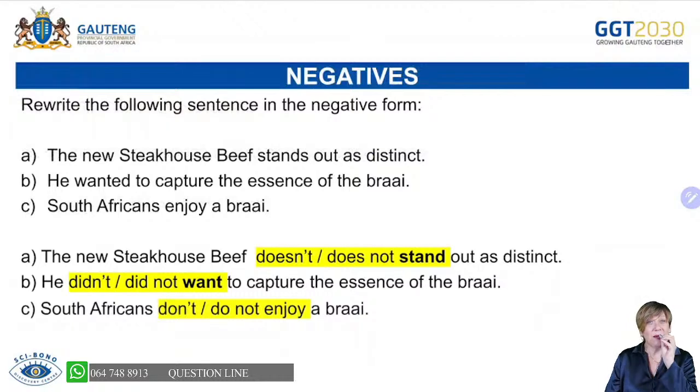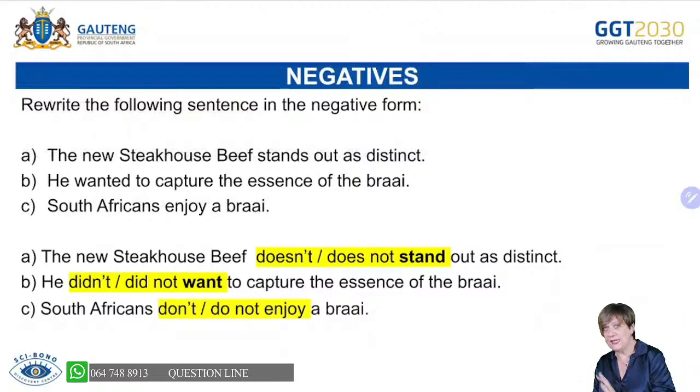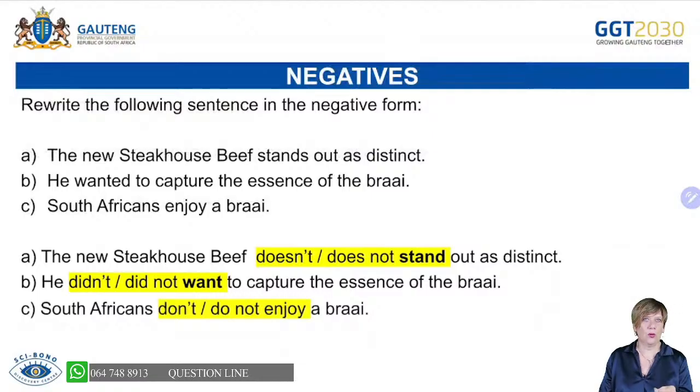Remember, something very important. If it says rewrite the following sentence in a negative form, you have to rewrite the sentence. In other words, you have to start where it starts and rewrite the whole sentence. Sometimes we will ask you to only give us a word. But if we say rewrite, you have to make sure you rewrite the whole sentence. Otherwise, we're not going to mark it.